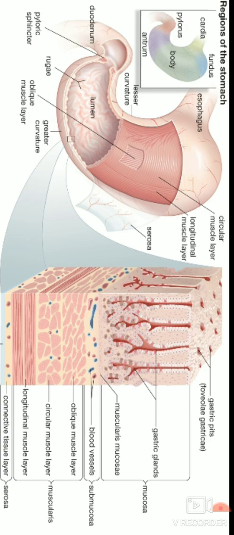Bile duct joins pancreatic duct to form hepatopancreatic duct. This duct is dilated, forming hepatopancreatic ampulla or Vater's ampulla. It opens into duodenum and its opening is guarded by a sphincter of Oddi.